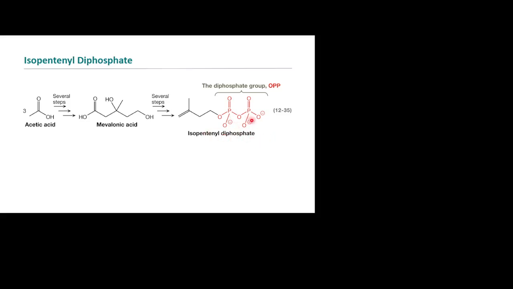Okay, and that's the diphosphate group here. And so terpene biosynthesis is quite a common phenomenon. Oftentimes it's first started with acetic acid that you start assembling these terpenes from. Okay, because acetic acid is quite a common group made in your body, actually.